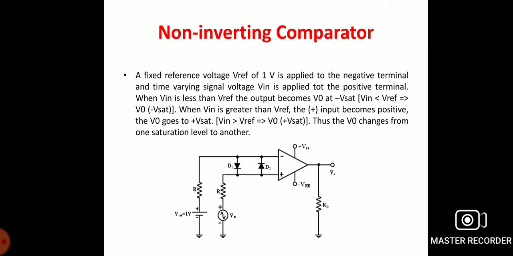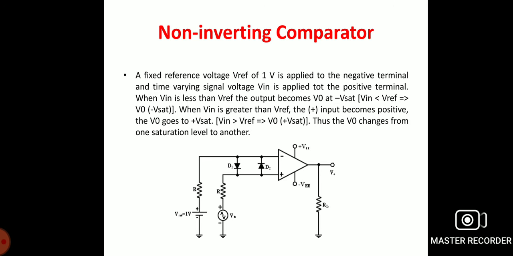The resistance R in series with the input voltage is used to limit the current through D1 and D2 to reduce the offset problems. A compensating resistance R is connected between the inverting input and reference voltage.